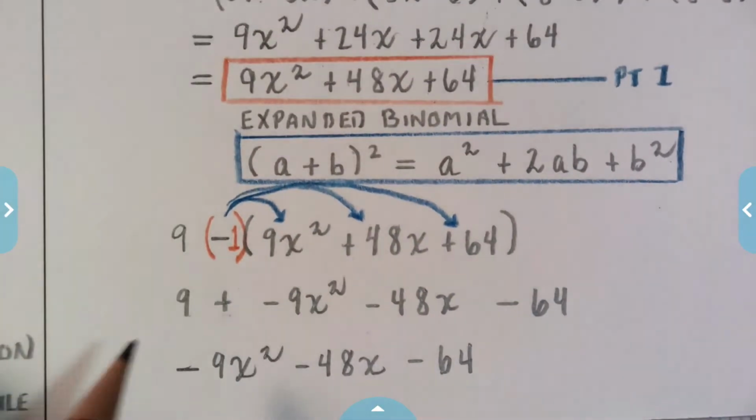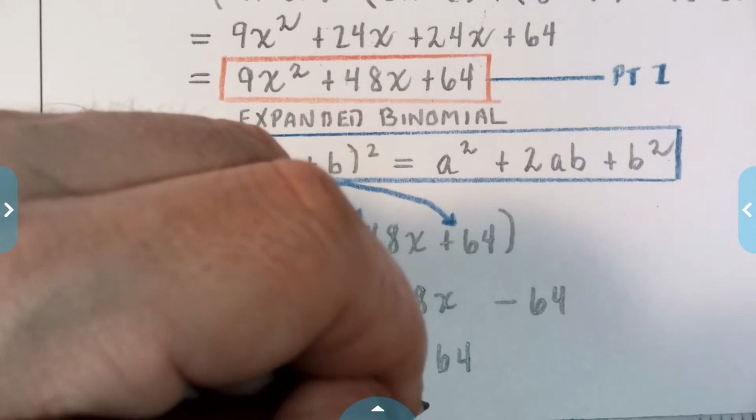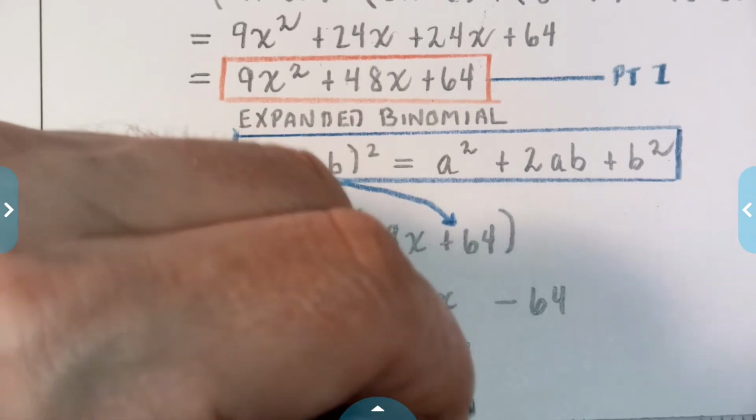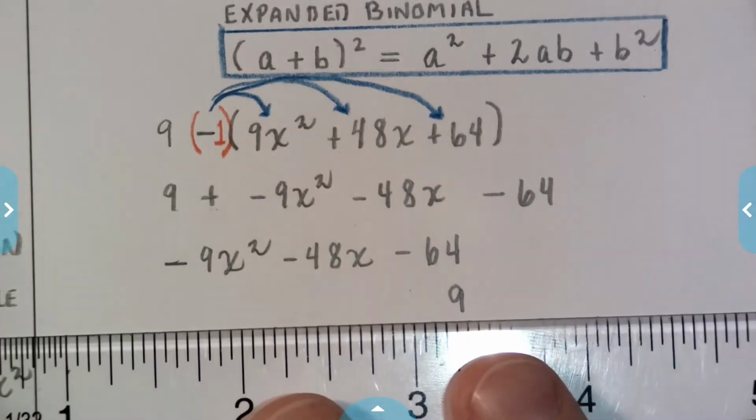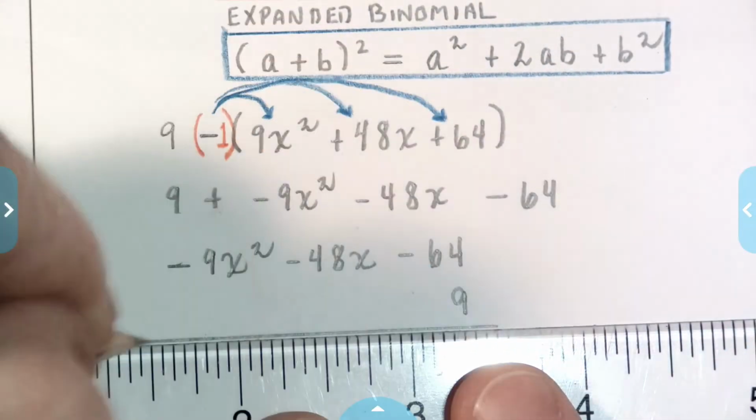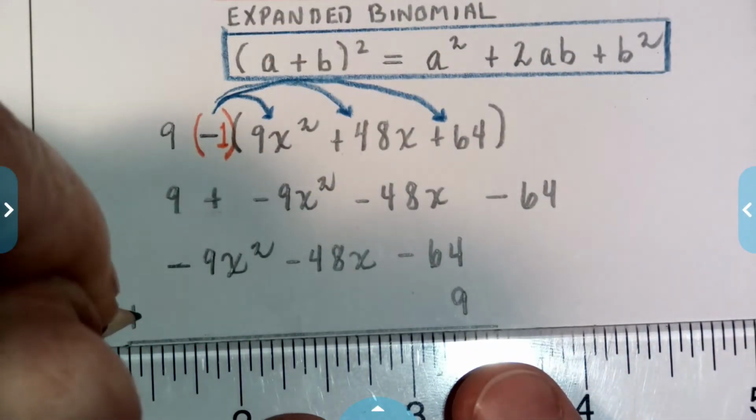And then I'm going to put here 9 underneath the -64, and then add the whole thing.